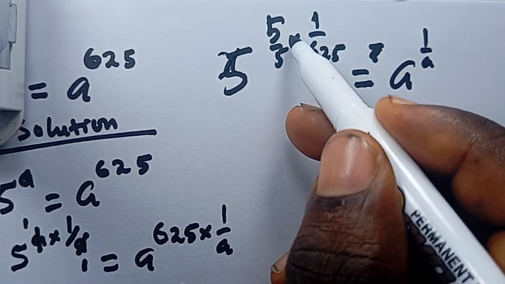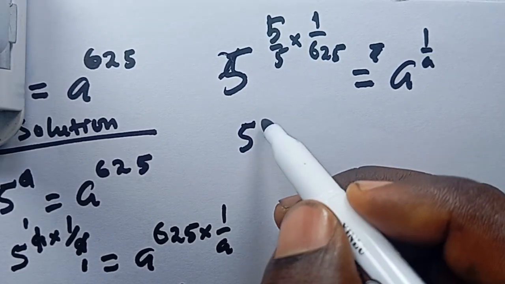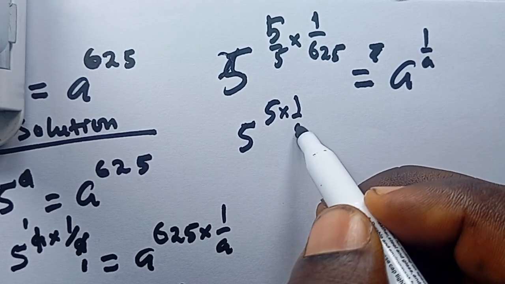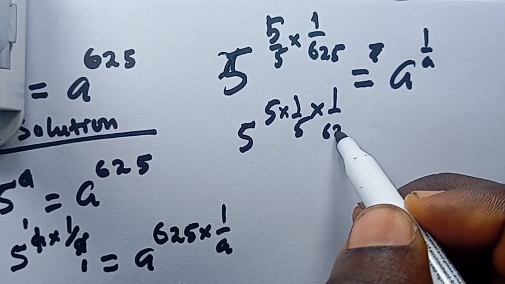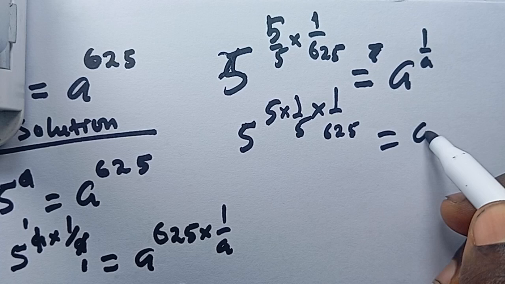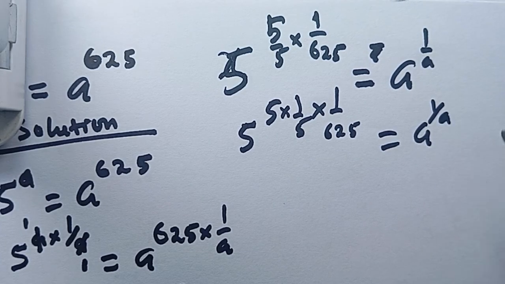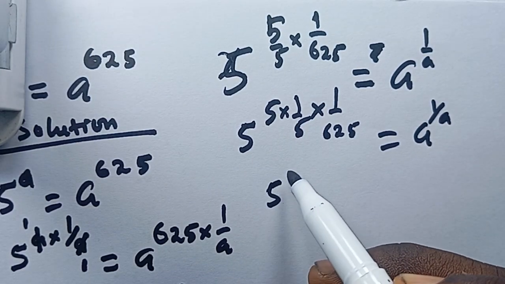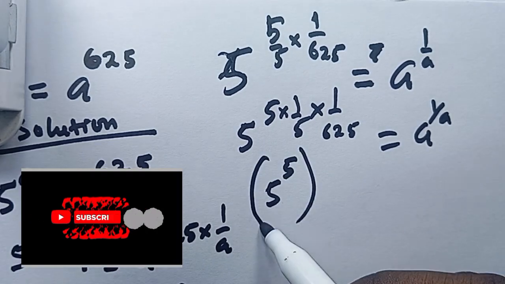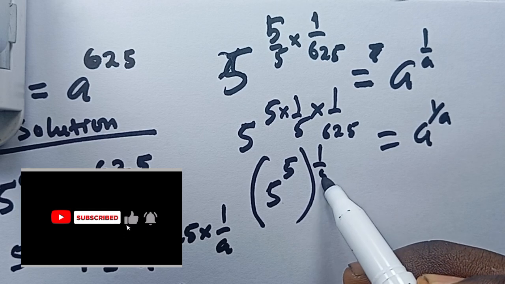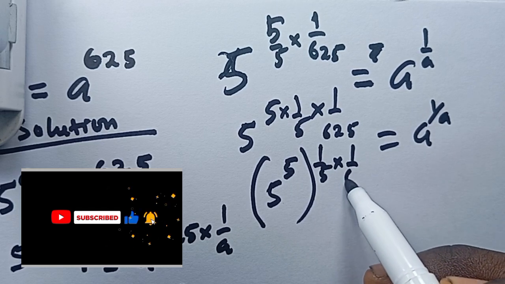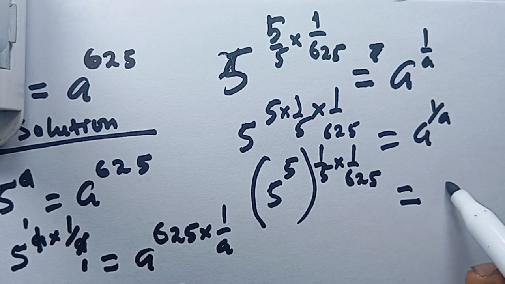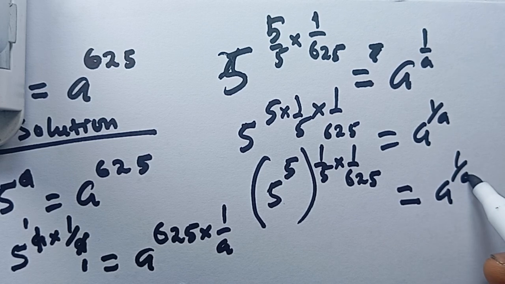So I can also split this here as 5 multiplied by 1 over 5, and then multiplied by 1 over 625, and this will still be equal to a power 1 over a. So that when I apply the exponential law of indices, I can now write this as 5 power 5 and then multiplied by 1 over 5 times 1 over 625. So this will be equal to a power 1 over a.